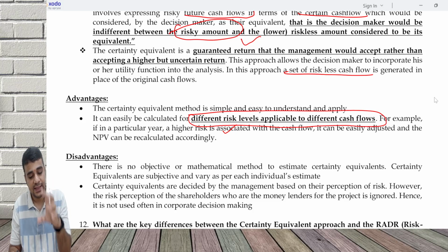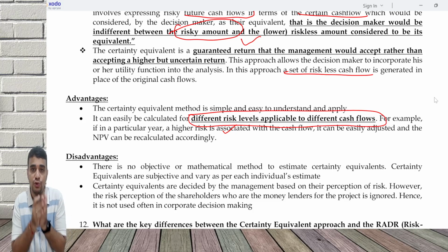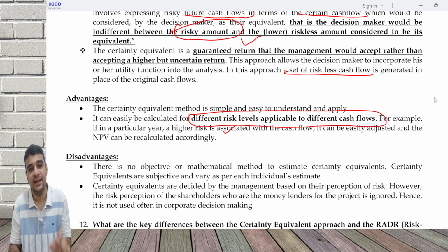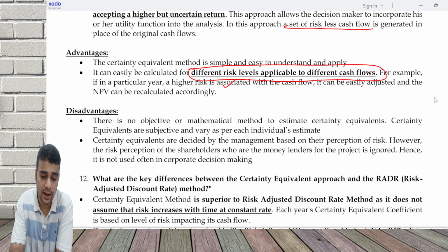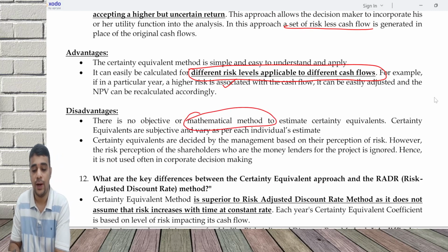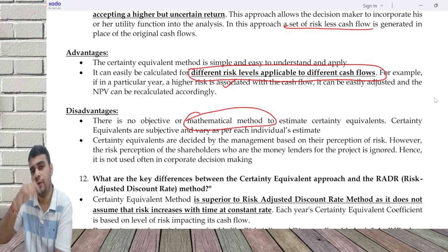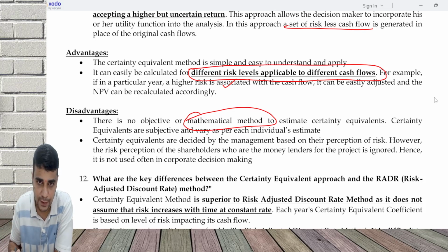In the practical world, the CEF approach is still not used a lot because it's difficult to ascertain the CEF factor for every year. There's no objective or mathematical method to ascertain the certainty equivalent because it is subjective in nature. When it comes to RADR, the risk premium part can be ascertained through beta, or through the risk index formula, or by linking it through coefficient of variation. We did one problem where we decided the RADR by linking it through coefficient of variation.